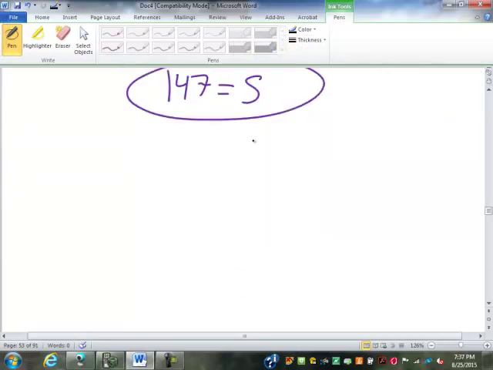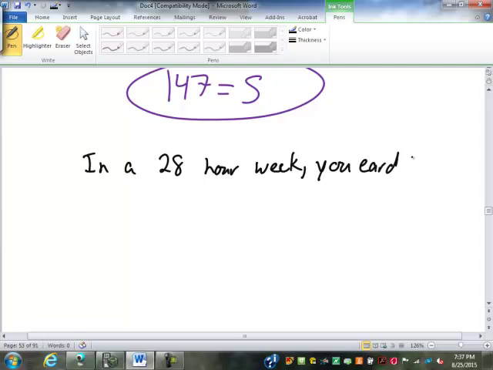We can also run into problems that are rates or relationships, like our proportions. If we're told in a 28-hour week, you earn $364.